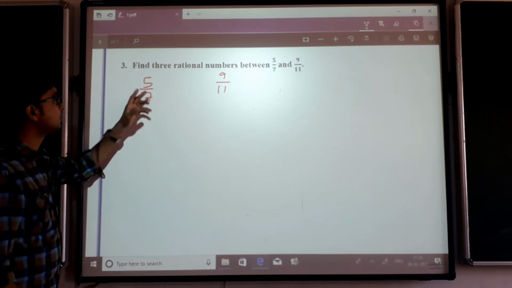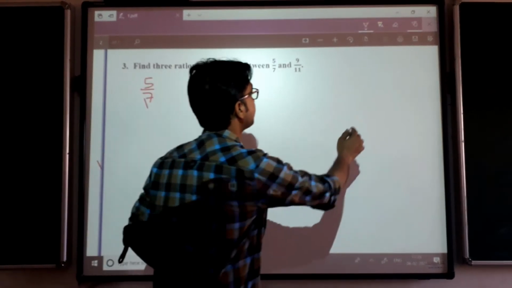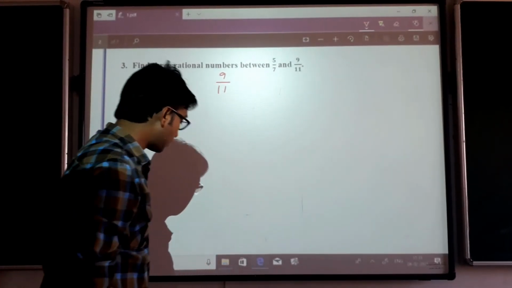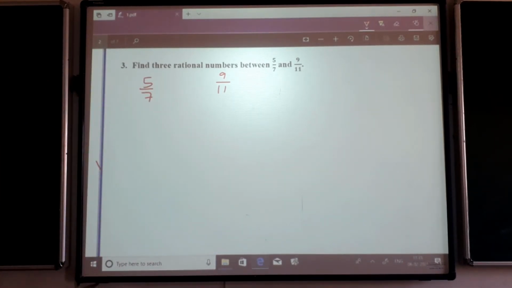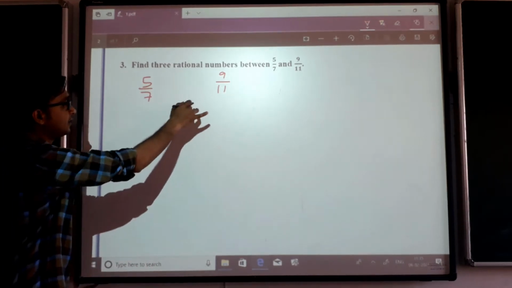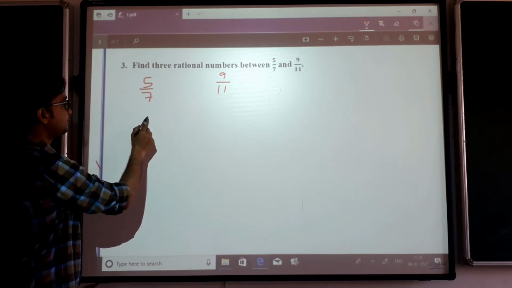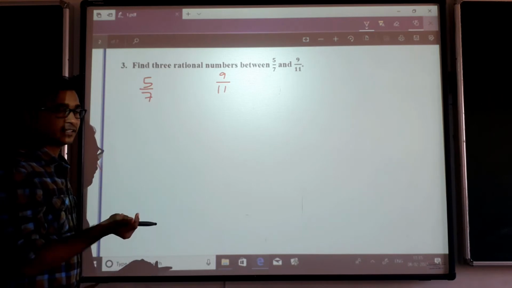Here the denominator is 7 and here is 11. So our first work is to make denominators equal. How can we make denominators equal? By taking LCM, right? So we will take the LCM of 7 and 11, which is 77.